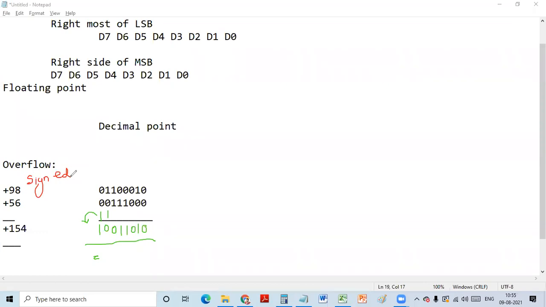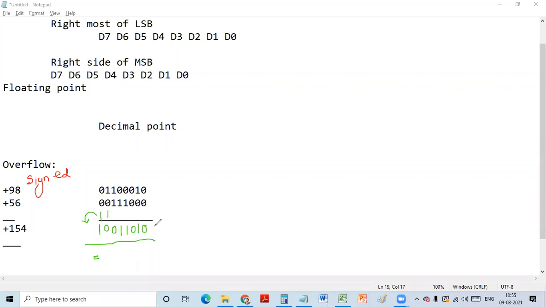Negative numbers are represented in 2's complement way. Irrespective of the magnitude, only the sign bit is 0 for the positive case. In the negative case, we use the 2's complement method, and the most significant bit is 1. That specifies the number characteristics in the signed case.